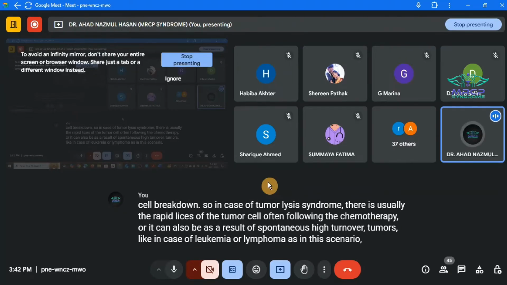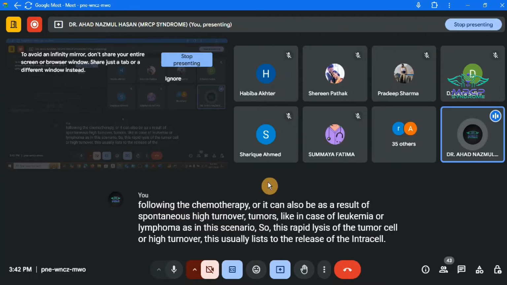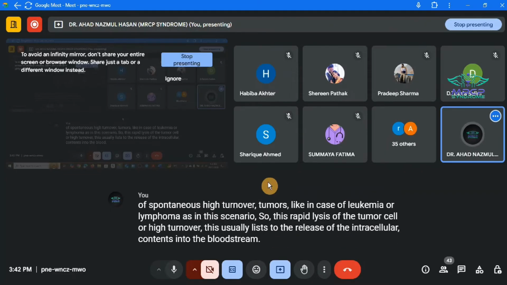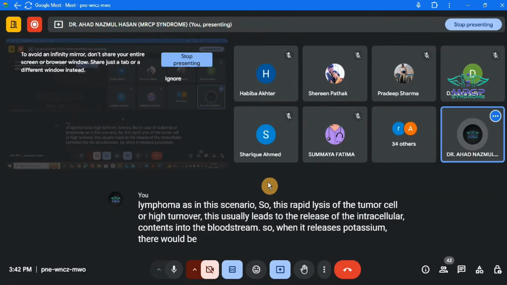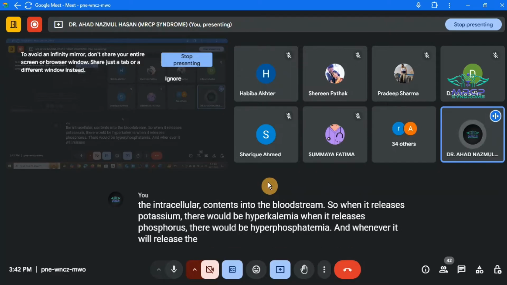This leads to release of intracellular contents into the bloodstream. When it releases potassium, there would be hyperkalemia. When it releases phosphorus, there would be hyperphosphatemia. And whenever it releases nucleic acid, there would be hyperuricemia.